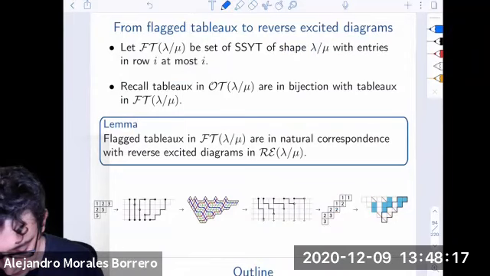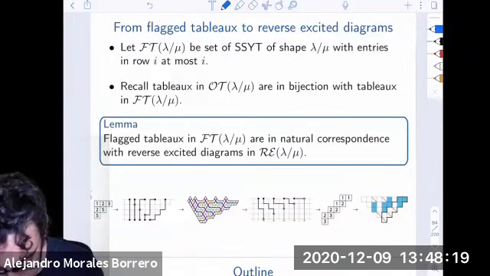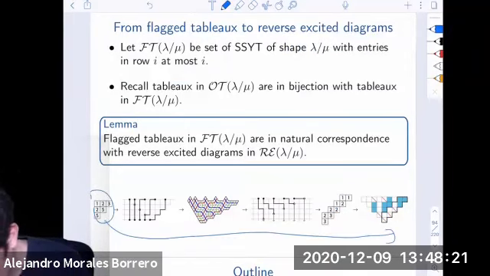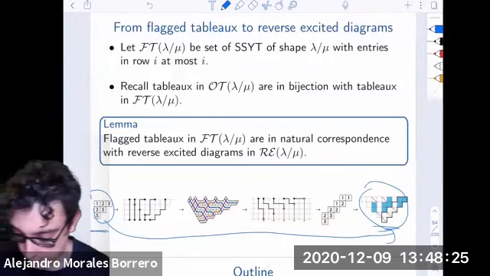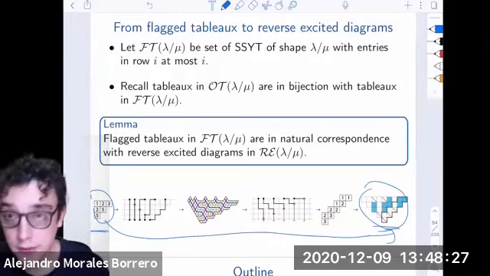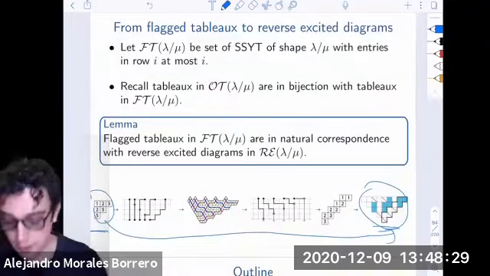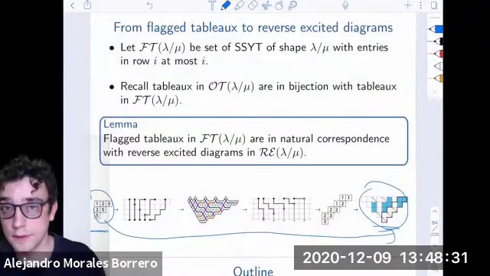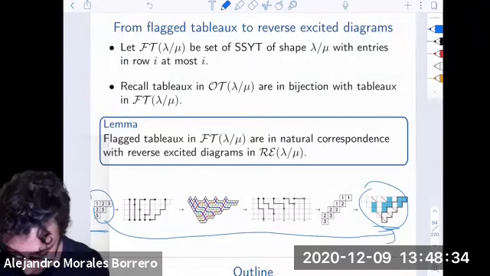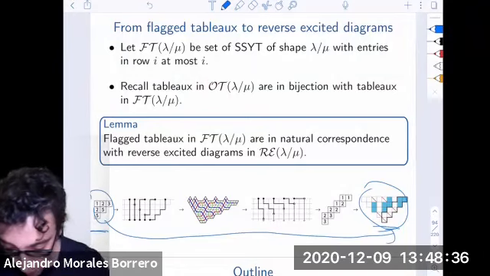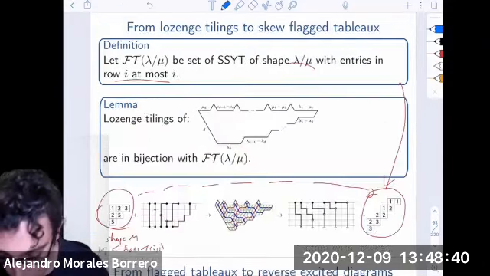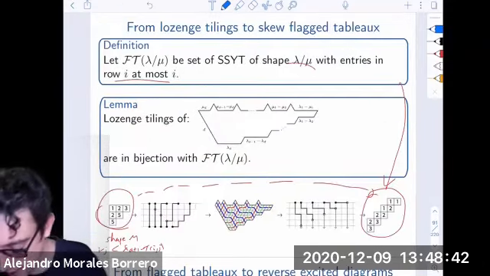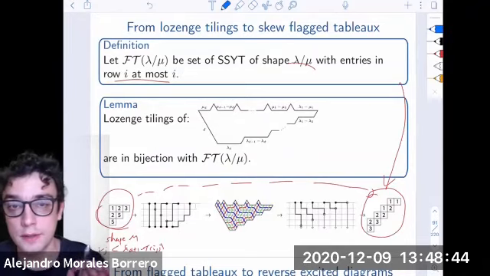Okay, so now putting everything together, the terms in the original formula are in bijection with reverse excited diagrams. So you can reformulate the formula. Any questions? Yeah, sorry, how did you get rid of the negative terms in the Okounkov-Olshanski formula? Oh yeah, good question, Jason. So we kind of cheated in the sense. First of all, sorry, I didn't say that, but there are no negative terms. In the original formulation, all the terms are non-negative.